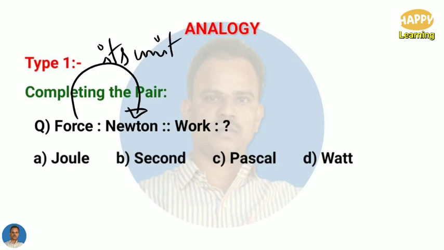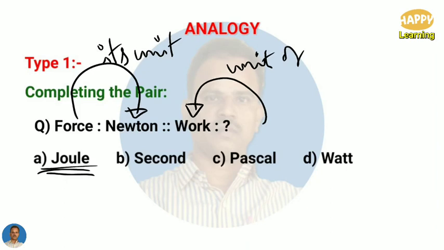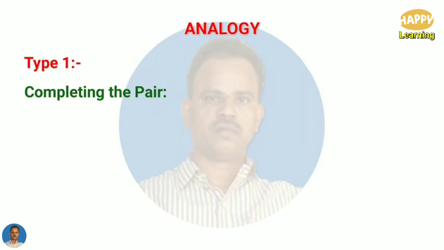So, Newton is unit of force and dash is the unit of work. Unit of work is joule. Unit for force is Newton and unit for work is joule. So, joule is the answer. Okay, right. Next question.